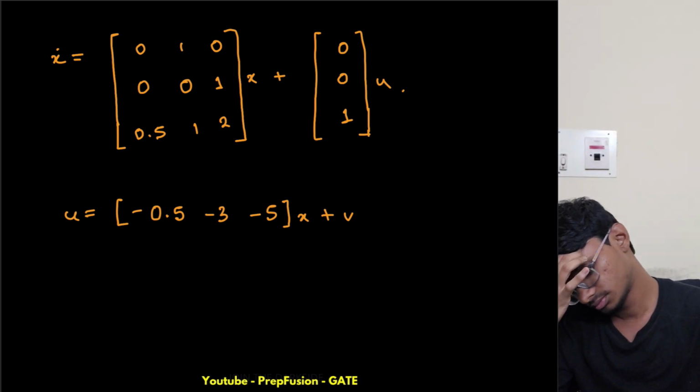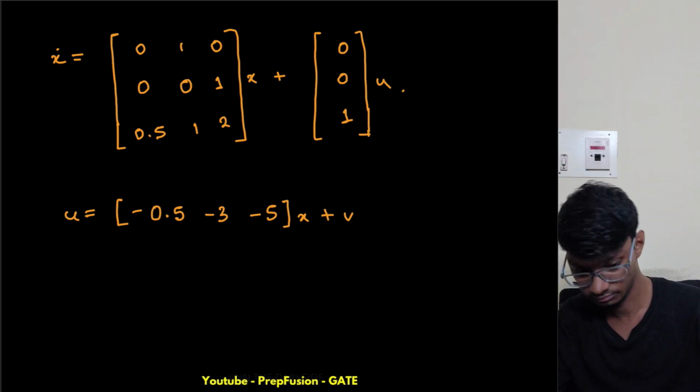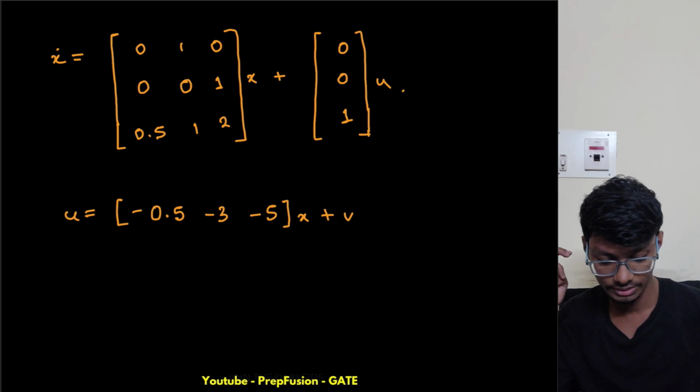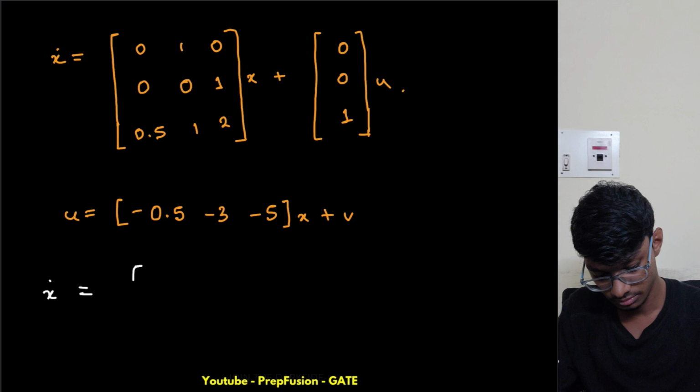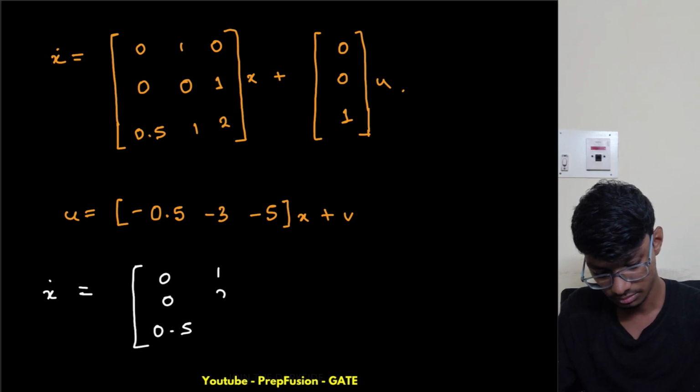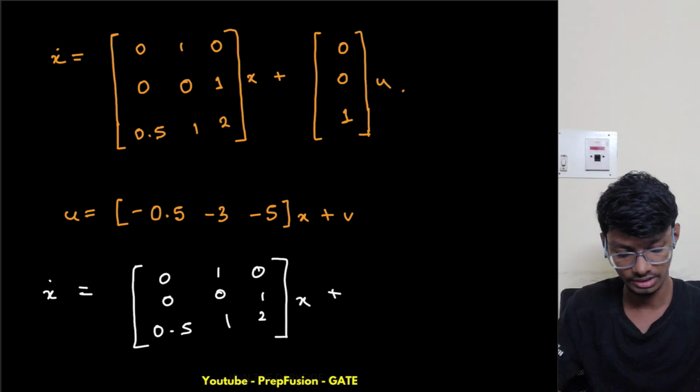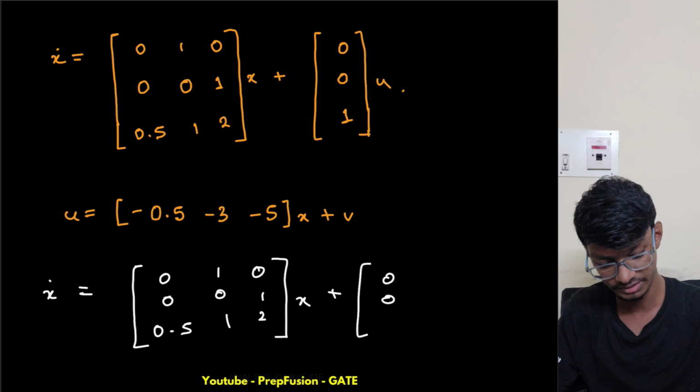Okay, so what will I get if I replace u here? This is equal to x and 0 0 1 multiplied by this one, right? So what will this become?